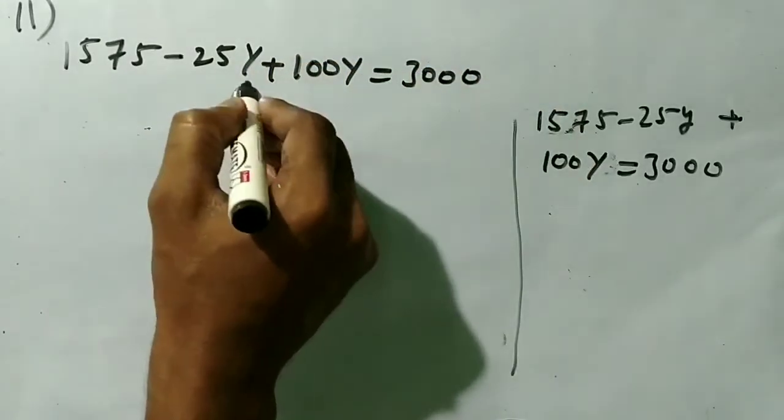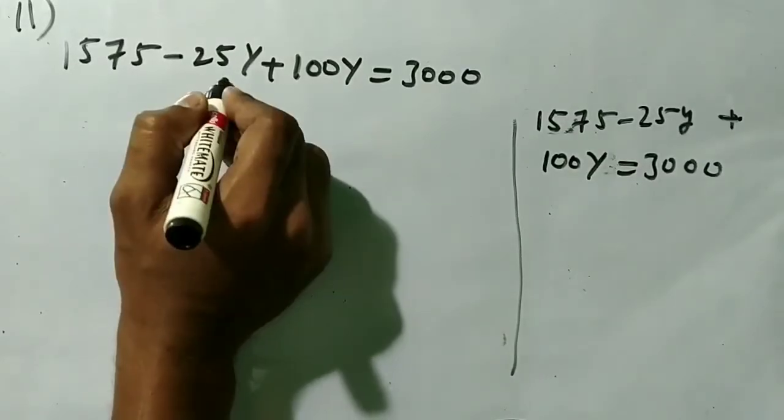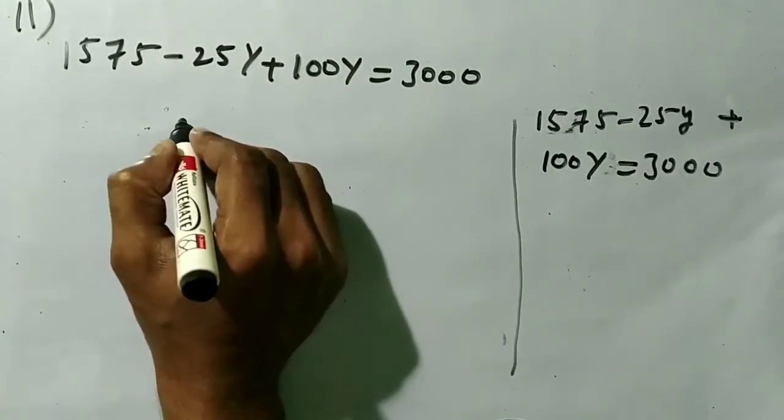Let's erase this for our convenience. So here minus 25y plus 100y becomes 75y.